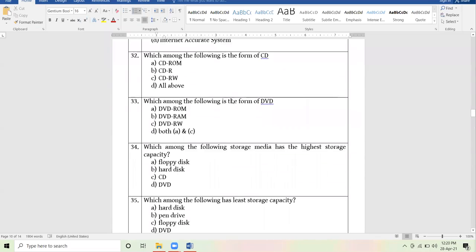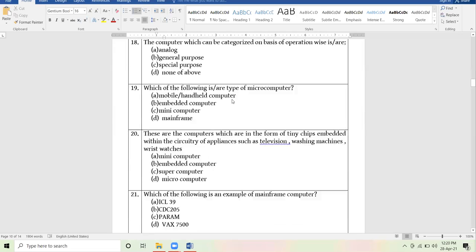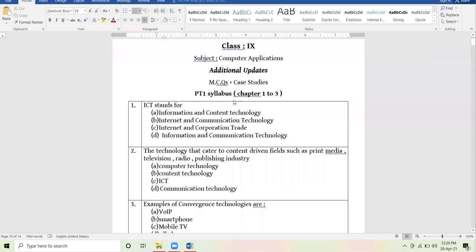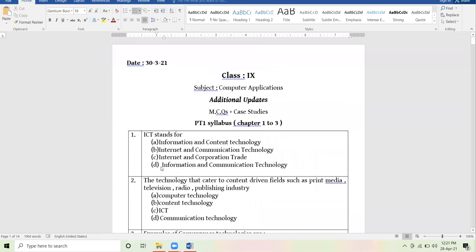So let us quickly revise some of the MCQs as a revision part. ICT stands for Information and Content Technology, Internet and Communication Technology, Internet and Corporation Trade, Information and Communication Technology. All right, who will answer the first MCQ?